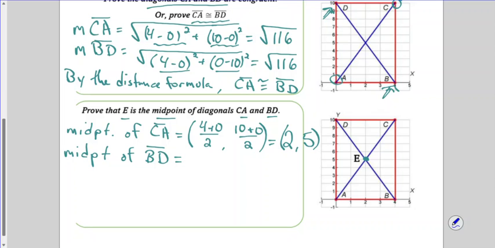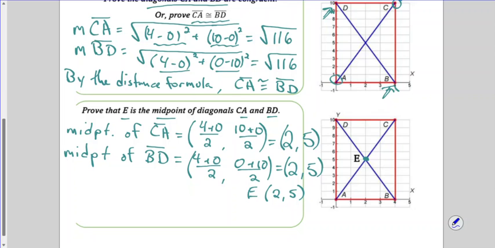Really similar for BD. 4 plus 0, those are the two x coordinates, divided by 2. 0 plus 10, the two y coordinates, divided by 2, equals, not surprisingly, 2, 5, which is the same as what we got for the first one. So E, which is 2, 5, is the midpoint of both CA and BD.